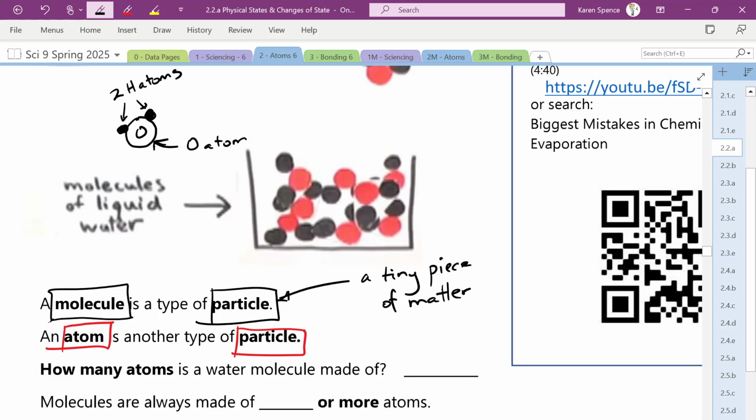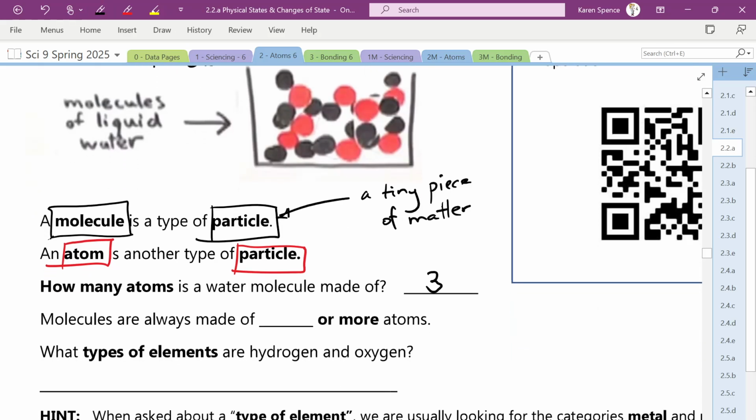How many atoms is the water molecule made of? Tell your partner. How many atoms in total? How many atoms is the water molecule made of? 3. We have 1 oxygen plus 2 hydrogens. Molecules are always made of 2 or more atoms.